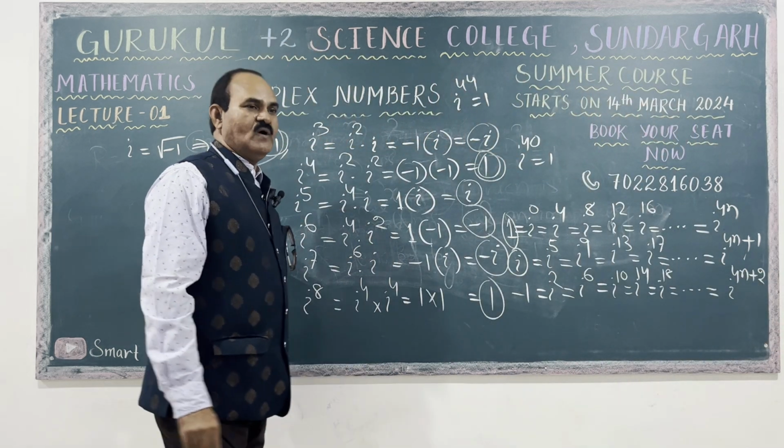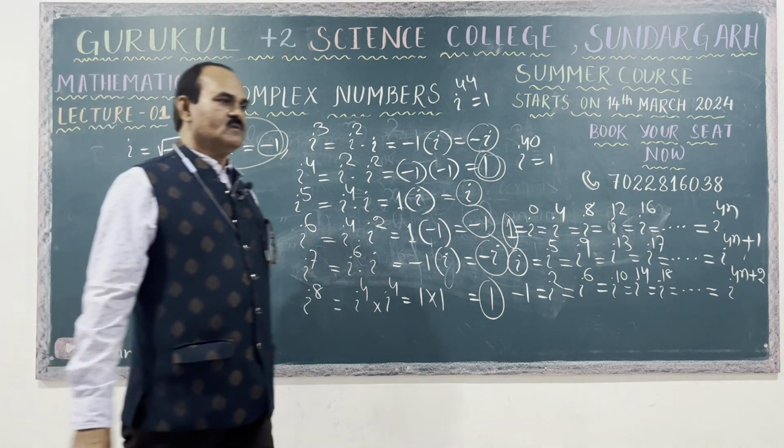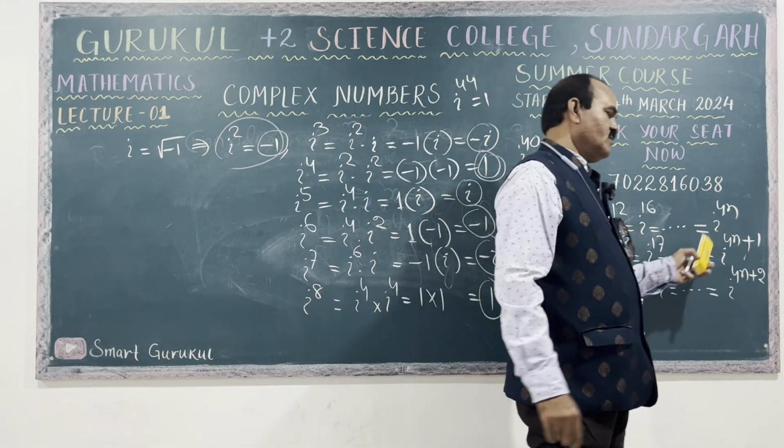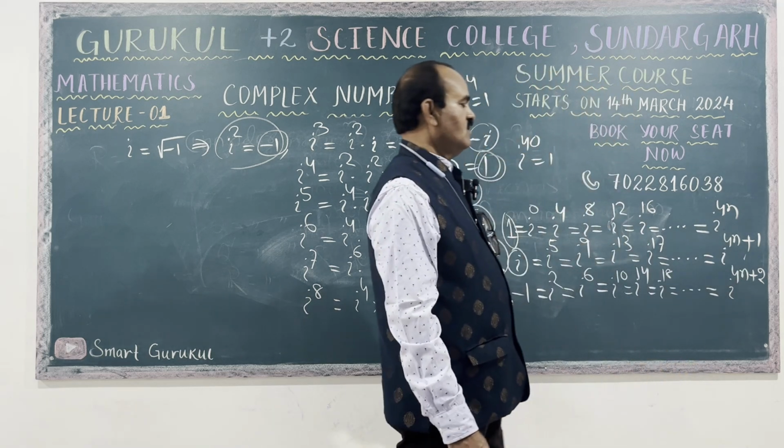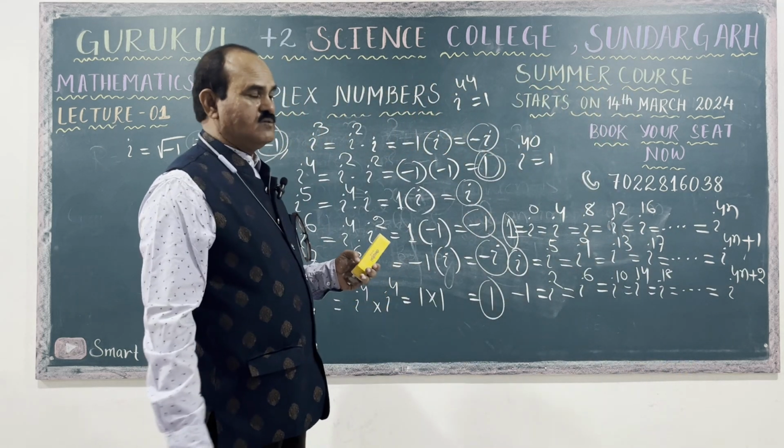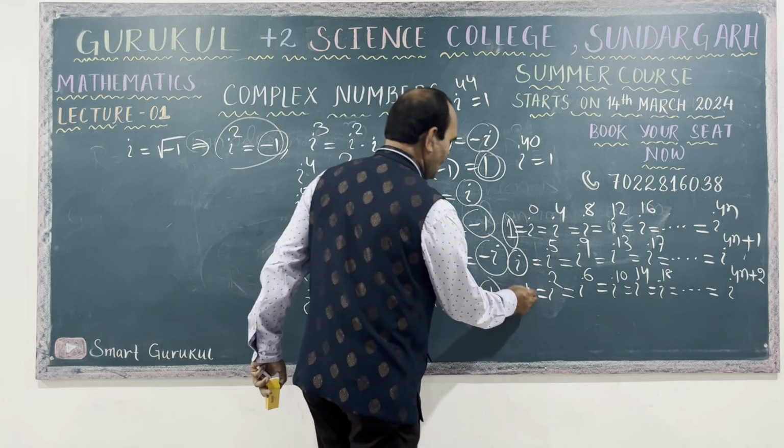If we divide the power of i by 4 and the remainder is 2, then the answer is -1.